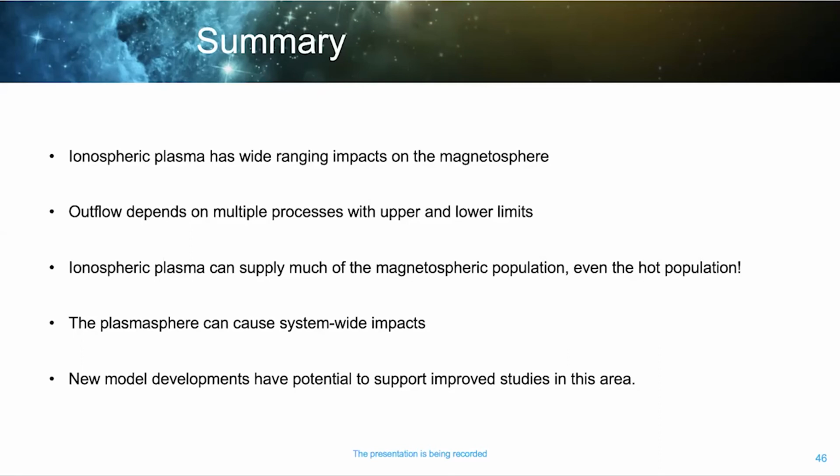But even the very cold population, the plasmasphere, can have system-wide impacts that can affect the solar wind magnetosphere coupling and, as a result, other parts of the space environment system.